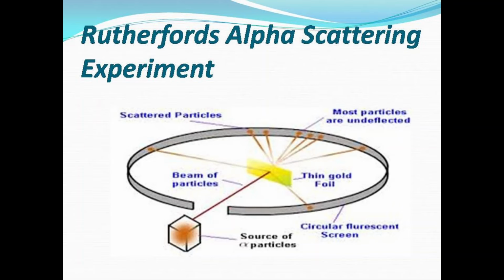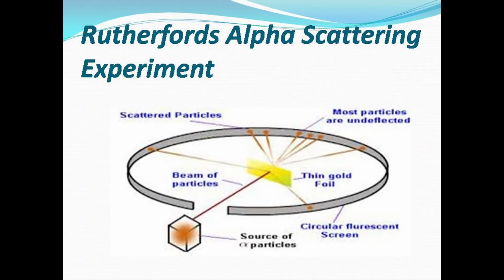When the alpha particles passed through the gold foil, they were made to strike a screen coated with zinc sulfide. Certain observations were made there.